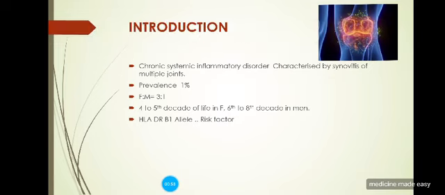If a patient has a family history, they are more prone to have RA. Plus if we go for genetic and allele studies, we can find the HLA-DR-B1 allele, which is more significant, and the patient is prone to RA.